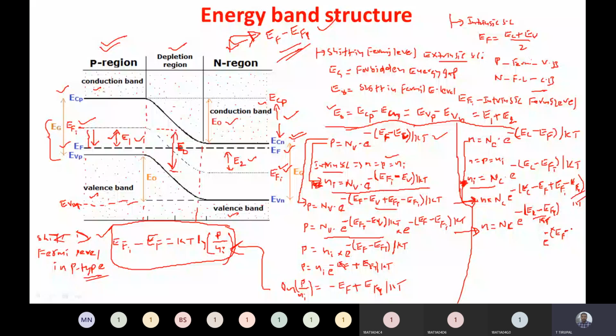Now n is equal to Ni into e power minus of EF minus EFI divided by KT. Get me the expression.